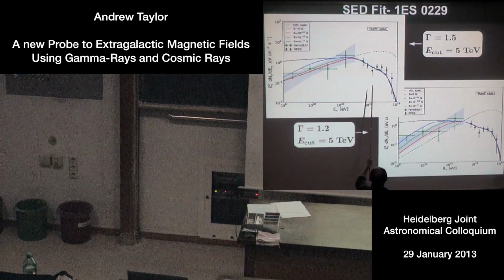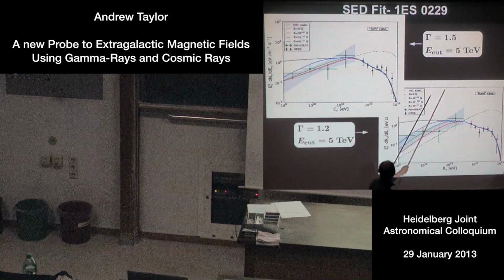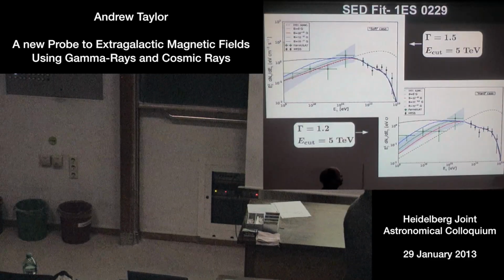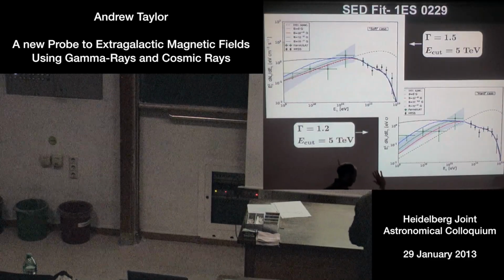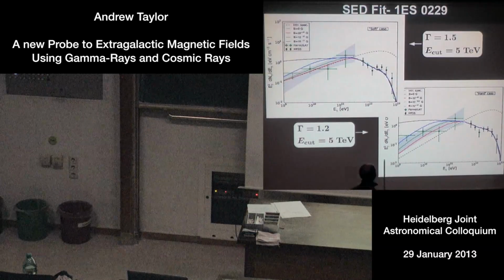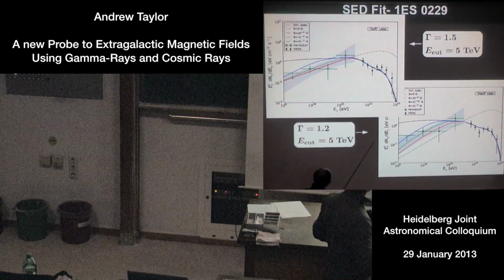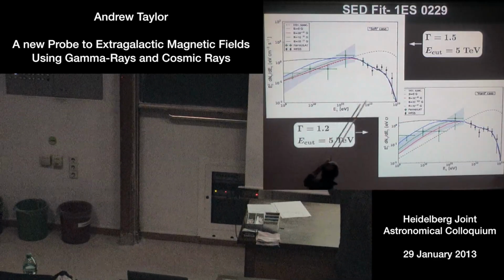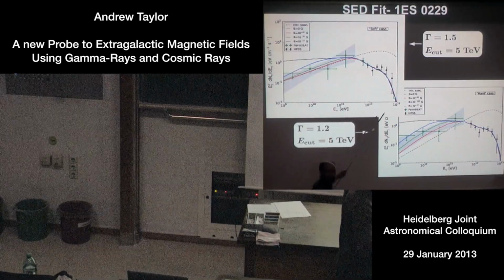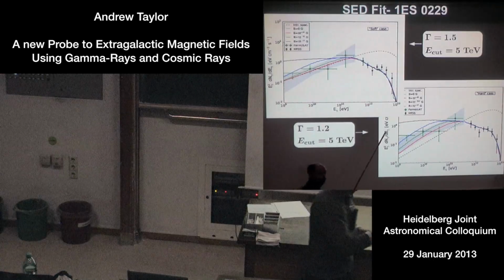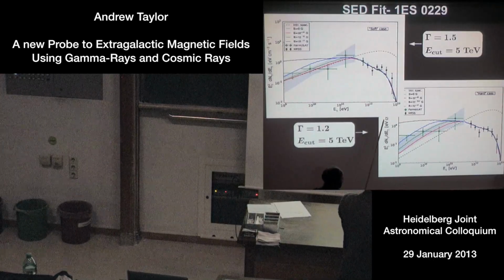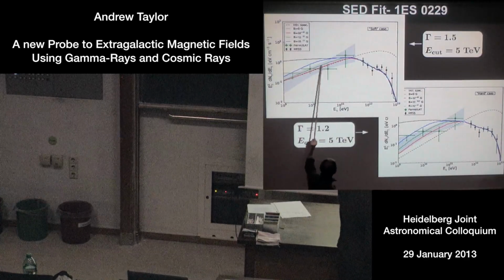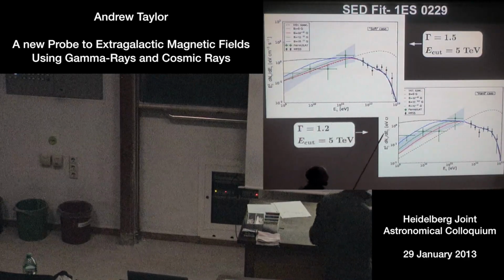These are quite conservative cases of a 5 TeV cutoff in both cases. In fact, that's essentially the lowest cutoff that we could afford to have, and the cutoff could go to much higher energies and you'd still get quite similar results. What would happen is the high-energy flux would be absorbed by the EBL, and it would be reprocessed through the physics that I showed you before, this repetition of pair production and inverse Compton cooling, to give us this universal spectrum like this, which in terms of SED is flat.